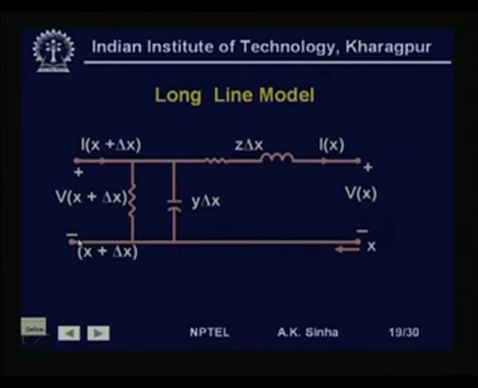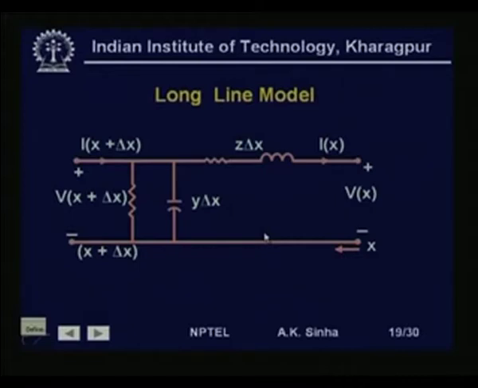Similarly, the voltage at delta x meter in the positive direction, that is from the receiving end towards the sending end, will be given by V at x plus delta x, that is the voltage at x plus delta x from the receiving end. Current will be given by I at x plus delta x, that is the current at x plus delta x distance from the receiving end.